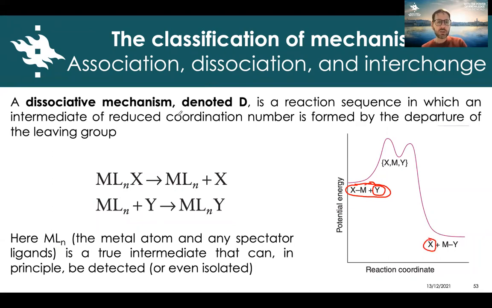In the dissociative mechanism, first there is the dissociation, or cleavage, of the bond with X, forming an intermediate with a lower coordination number, and then in the second step, the entering group binds to the metal.